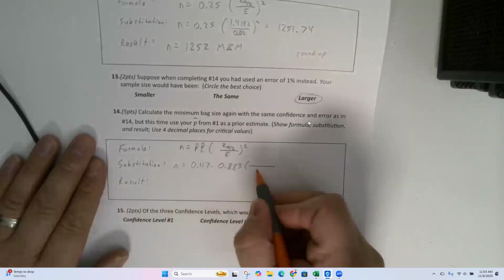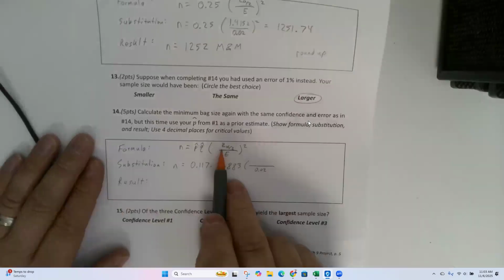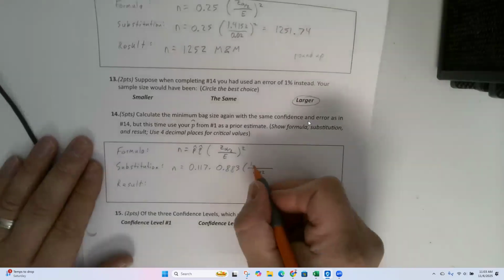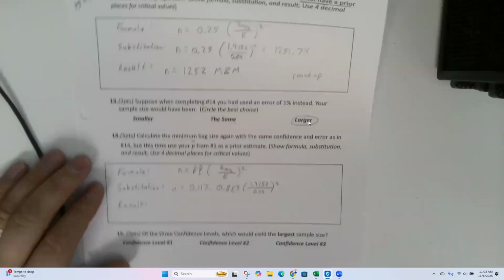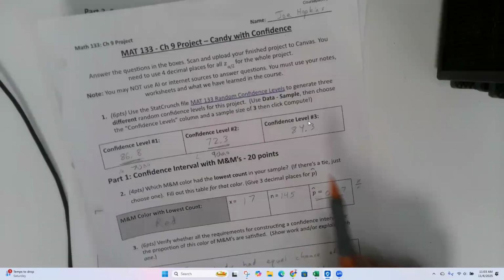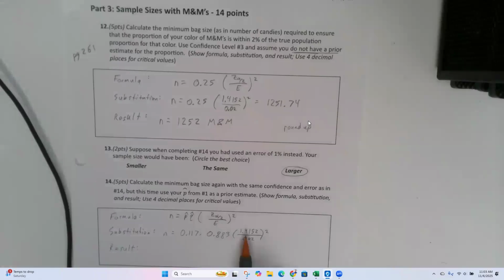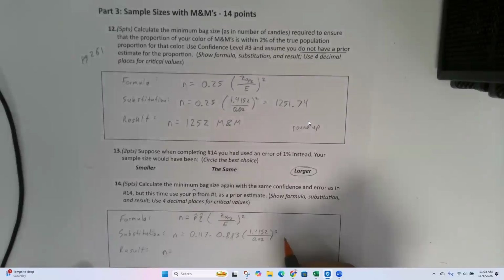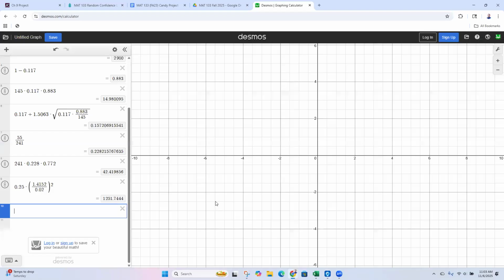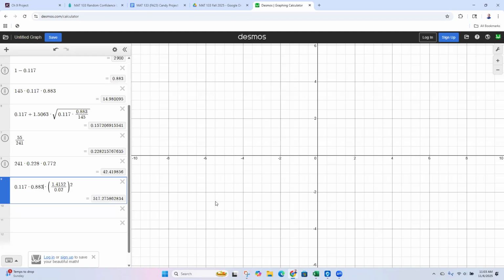So same error, and the same z alpha over 2, actually, so that's nice. I don't have to calculate that again. Whatever confidence level your number 3 was, that's going to correspond to a z alpha over 2. So plug all that in, see what we get. I'm just going to change this to 117 times 0.883, and I get 517.28.